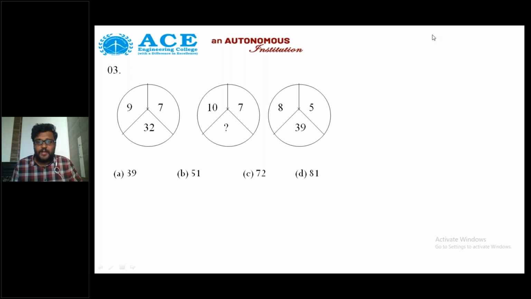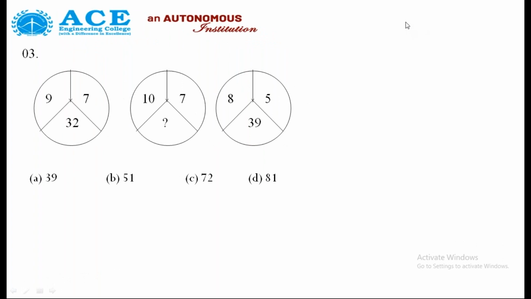Next question, you have to identify the correct logic. See the next one, my dear friends. What's the logic here? 9 and 7, 32; 10 and 7, question mark; 8, 5, 39. What do you have to get? So here A, B, and this one, what is the logic?